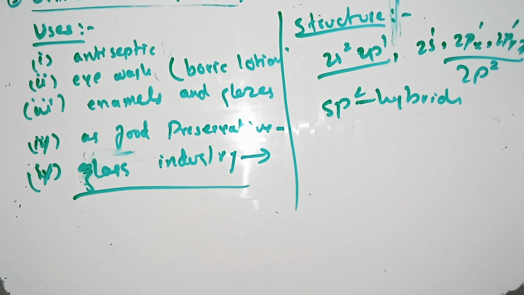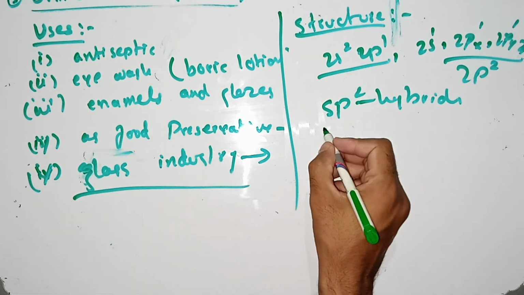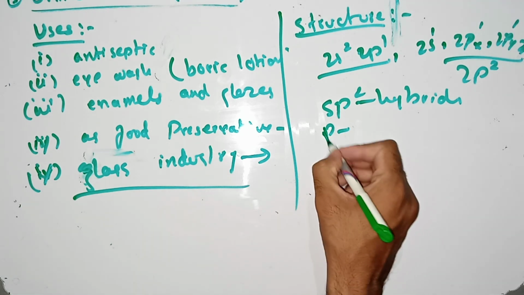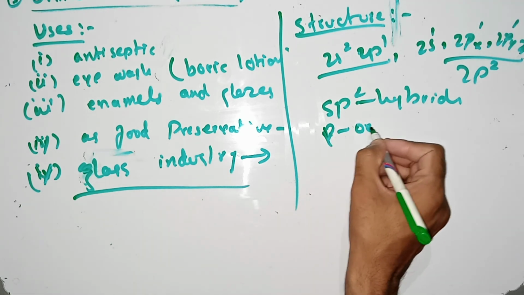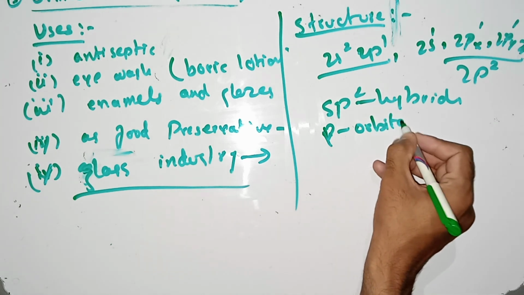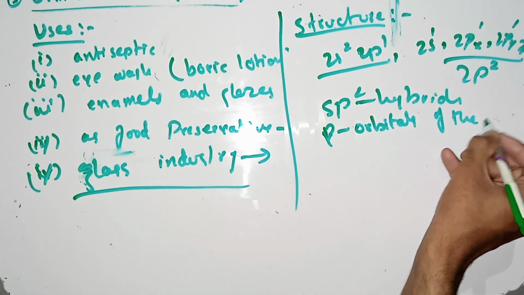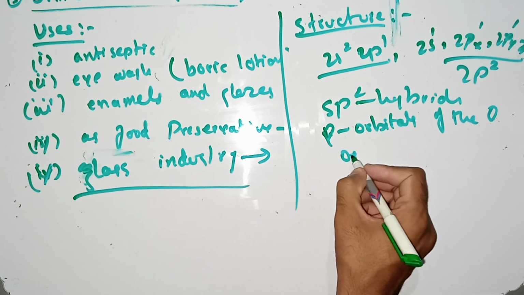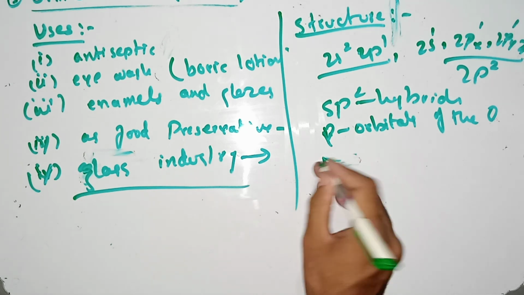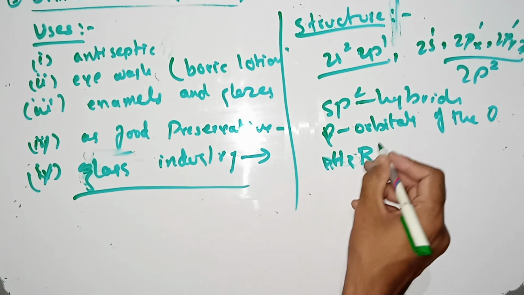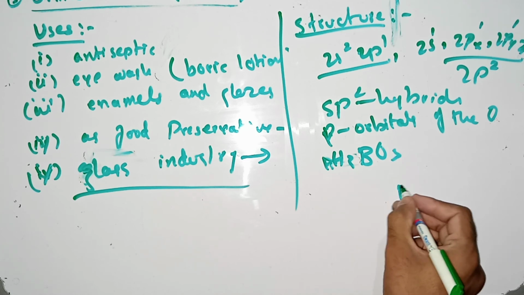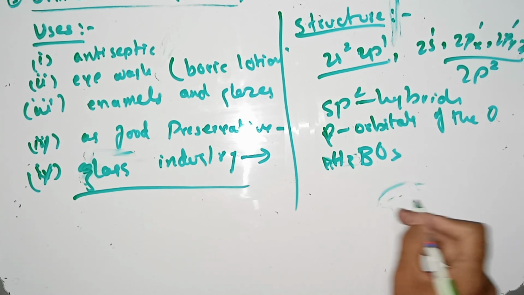These three hybridized orbitals overlap individually with the p orbitals of oxygen in the case of orthoboric acid, H3BO3. This will be the final structure.